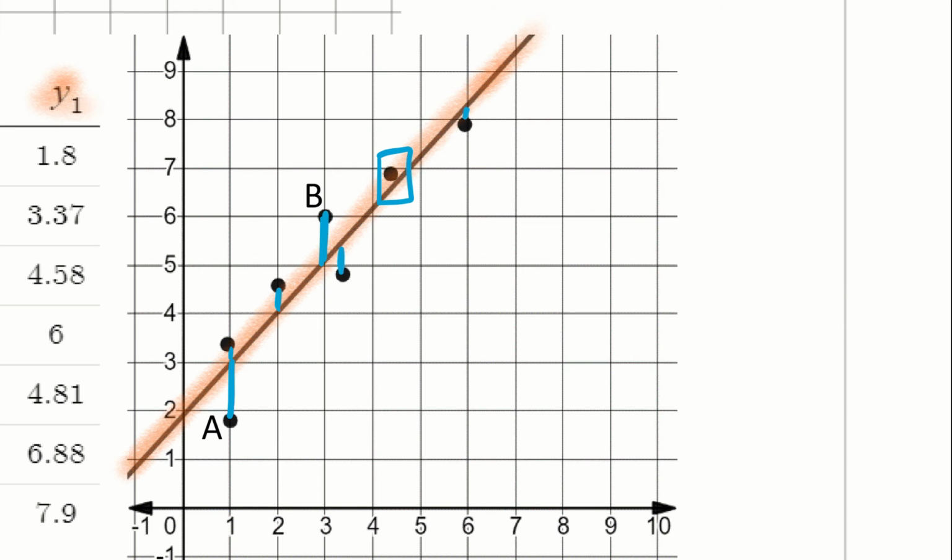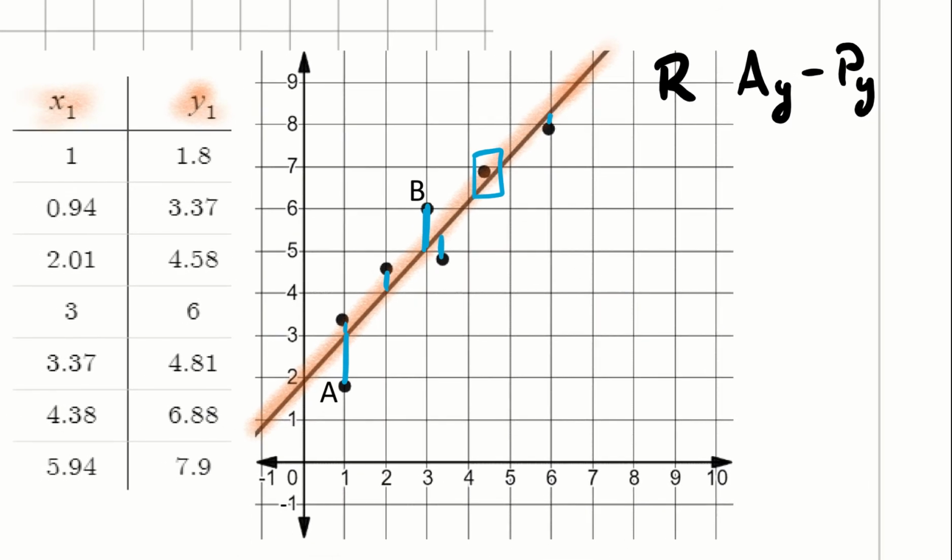A residual is the difference between the actual y value, that's the y value that we read from our data table, and the y value that's predicted by a model. And I do ask you to find two residuals. I ask you to find the residual for A and the residual for B.